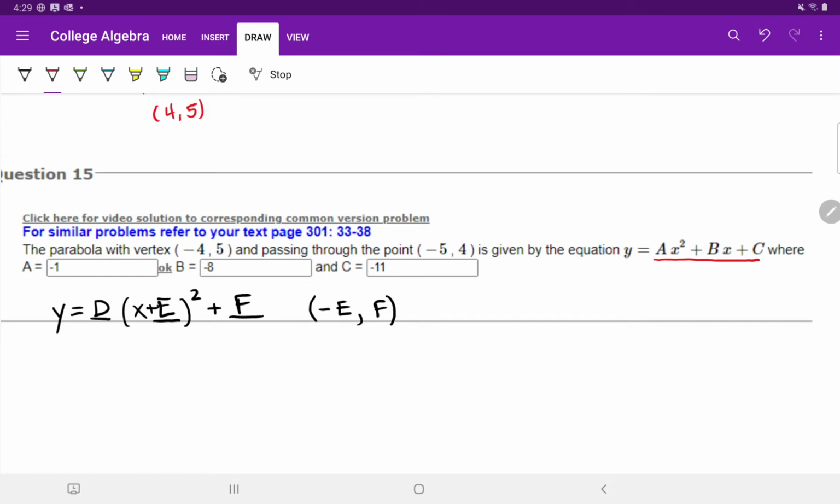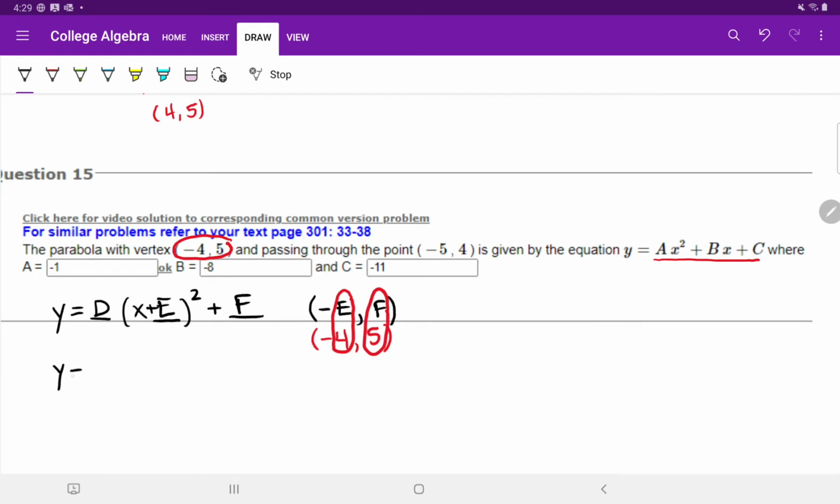Well, they've told us that our vertex is (negative 4, 5). So if the vertex is (negative 4, 5), notice the 4 is already negative, so e is just equal to 4, and f is equal to 5.